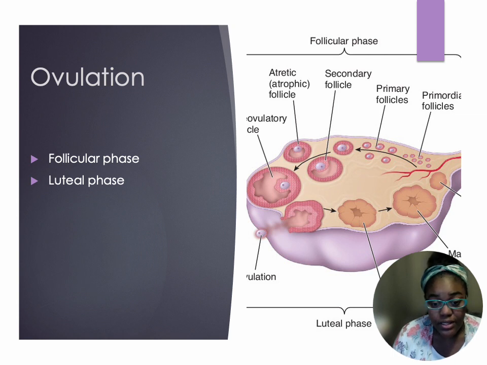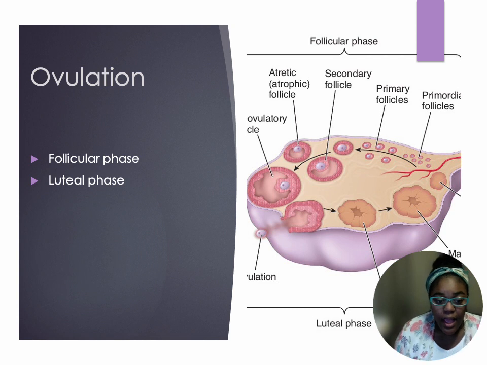So the first phase is the follicular phase, and I'm not going to ask you to necessarily remember the primordial follicles or the secondary follicle or atretic follicles. We're not necessarily going into that detail, but what I want you to know is that the follicular phase is the phase that occurs before the release of the egg from the ovary.